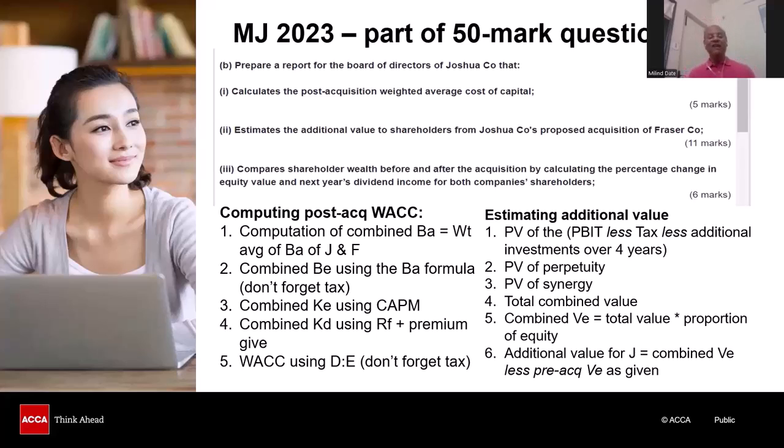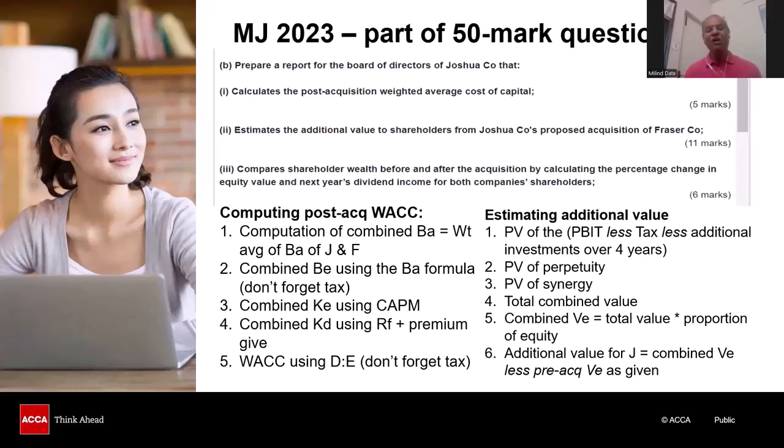And then there were two calculations that you were supposed to show, a comparison of shareholders' wealth before and after acquisition. That's simpler because you were given the pre-acquisition equity values of both.